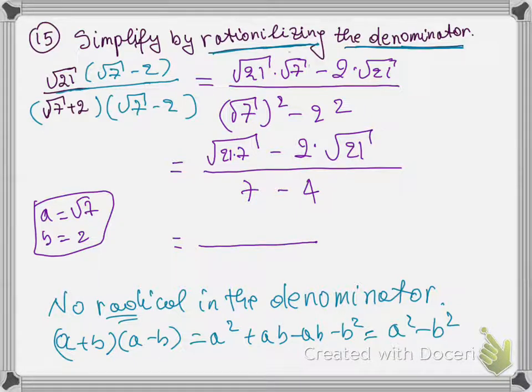And square root of 21 times 7 is square root of 147, minus 2 times square root of 21, over 3. If we're looking at square root of 147, I think 49 goes into it, so let's simplify that radical. 147 divided by 49.